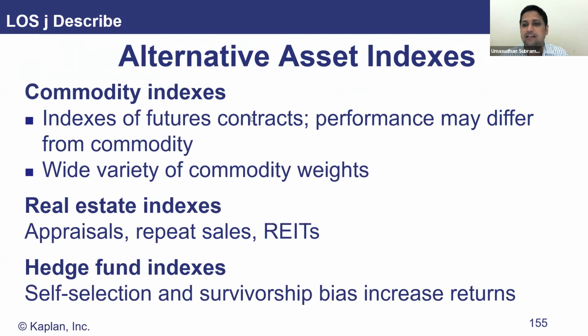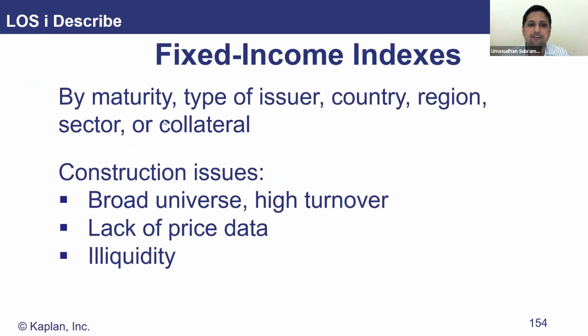There are commodity indices which measure the performance of gold, silver, platinum, etc. Different commodities will have different weights. Real estate indices are there. You have REITs, a popular real estate index. There are hedge fund indices. Don't worry about them. There is a separate study session called alternative investments in Level 1. We will talk about this there, and we will talk about it in fixed income a little bit more in detail.